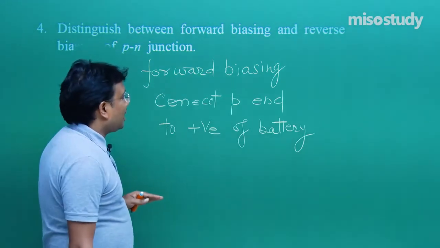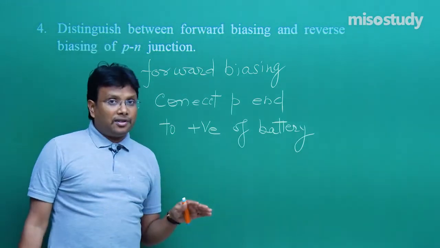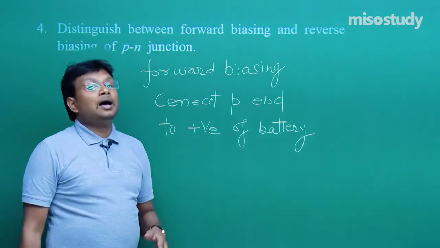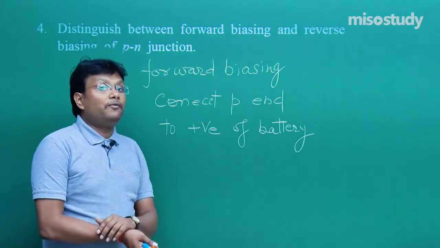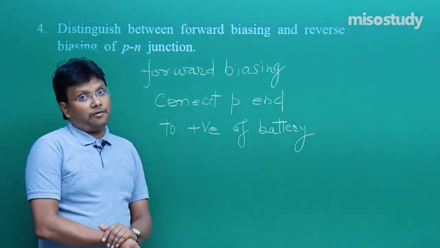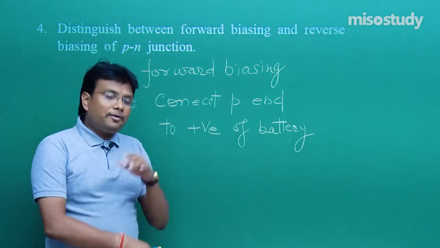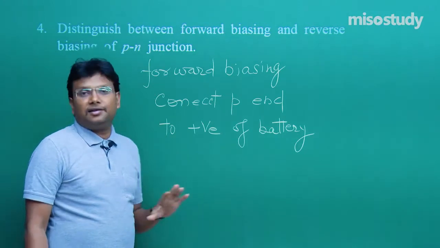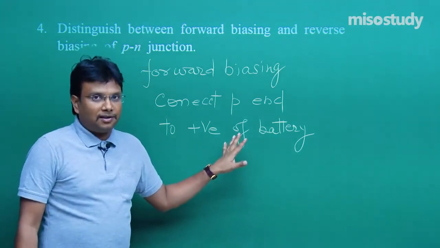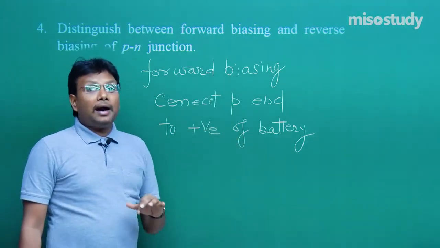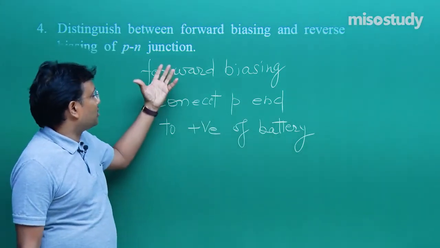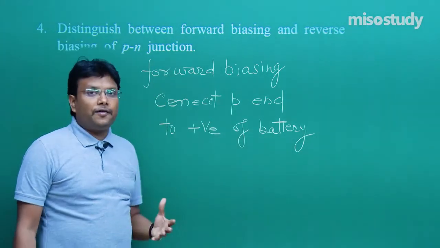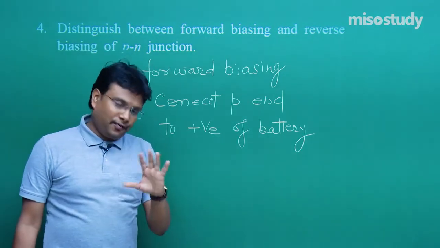So, once you connect P type with the positive terminal, what will happen? Width of depletion region will reduce, and this diode will conduct only in forward biasing, because in forward biasing the resistance offered by this diode is negligible, and in reverse biasing the resistance offered is enormous, large. Fine.